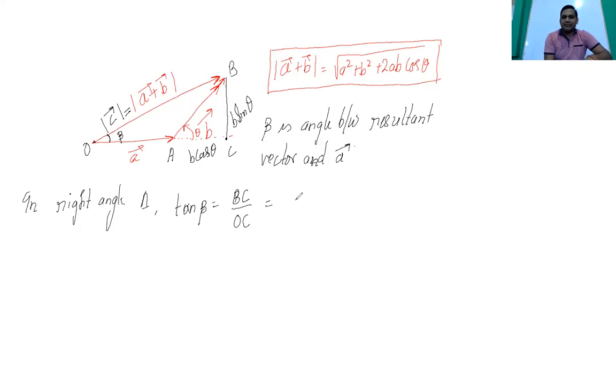So BC is B sine theta, divided by OC, which can be written as OA plus AC. OA is your A vector and AC is B cos theta, so it can be written as A plus B cos theta.